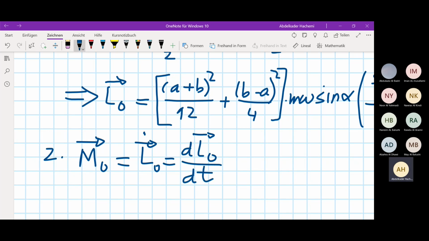Okay, and if we derive, we get only here omega cross LO.